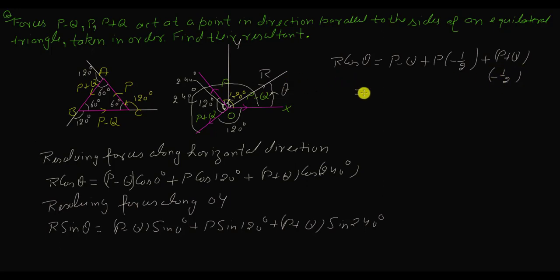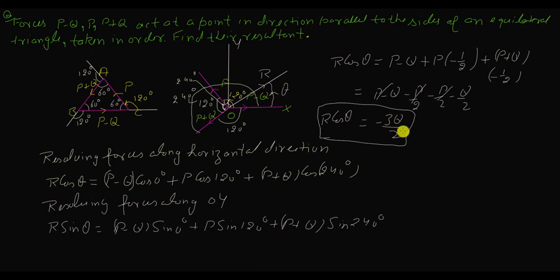So this is equal to P minus Q minus P by 2 minus P by 2 minus Q by 2. So this will cancel out. So we are left with minus 3 Q by 2. This is R cos theta, and name this equation as equation number 1.